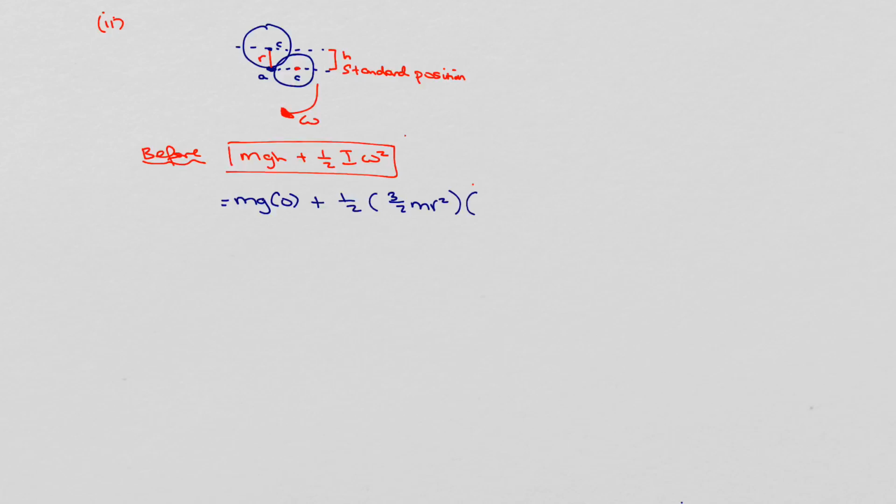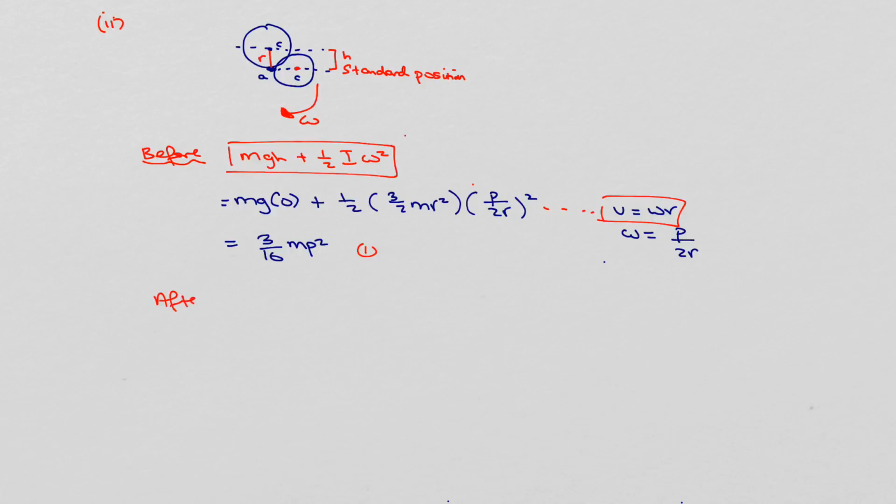Omega is still our p over 2r as in the previous question, because v was equal to omega r, and v was p, and our radius of rotation was 2r. So if I simplify that, I end up with 3 over 16 mp squared as my equation 1 this time.